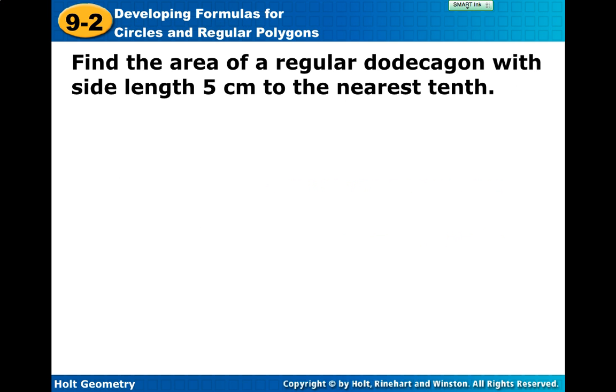Okay. Find the area of a regular dodecagon. That's my 11. Well, undecagon, that was 11. A dodecagon is 12. All right, so find the area of a regular dodecagon with side length 5 centimeters to the nearest 10.